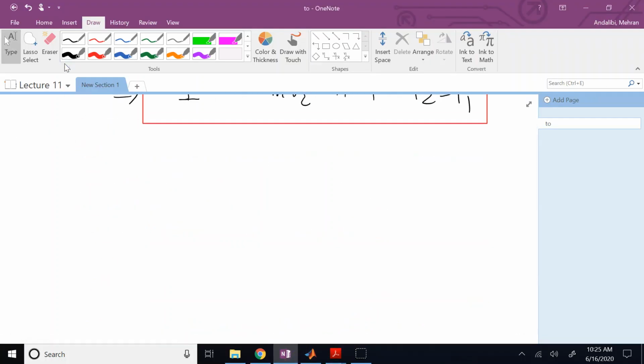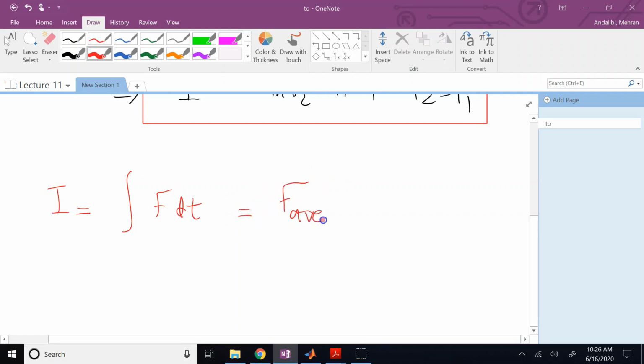So I say that the impulse from the actual force is the integral of F dt, and the impulse of the average force is F average times what? t2 minus t1, and from here I find the F average.